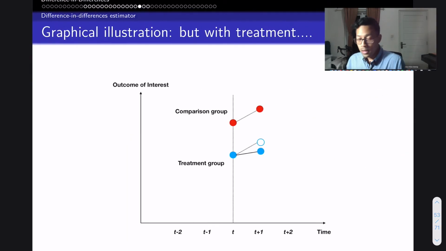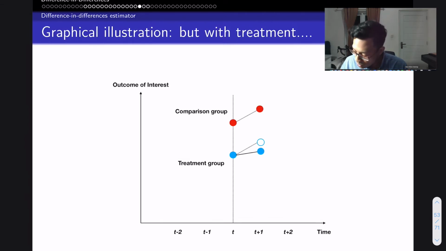Well, now if we take into account the treatment, this is going to be the illustration. Due to the treatment, the outcome for the treated group is not increasing as high as the outcome of the control group. So in some sense, what we're going to use here, the counterfactual for the treatment group, is actually the trend of the comparison group.